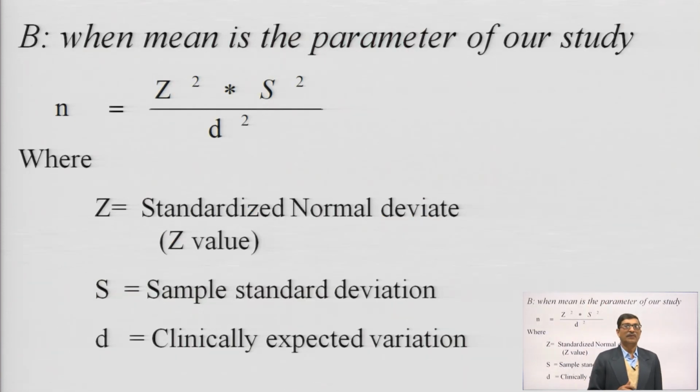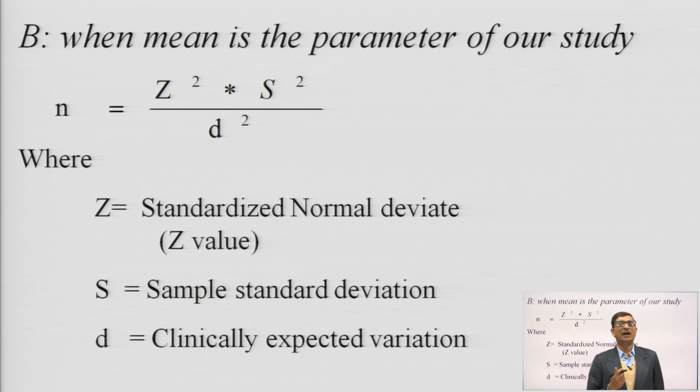Second case, when the mean is the parameter of our study, that is, we want to estimate the mean of any parameter, the mean of any type of variable from a population.